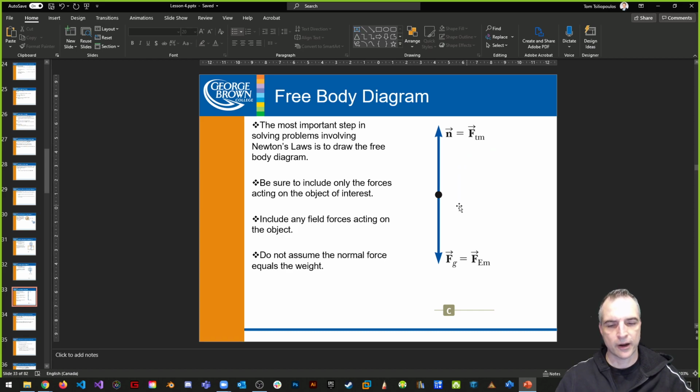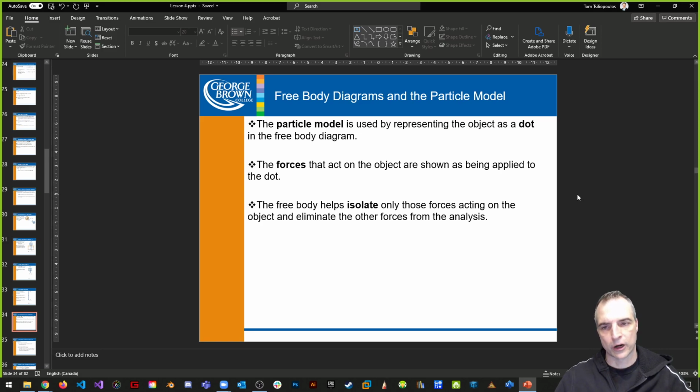When we draw a free body diagram, we draw it just like this. We draw the mass, the center of mass, as a point, and we draw arrows in the directions of the forces. In this case, the normal force and the force of gravity. We're going to use the particle model again as we talk about objects when it comes to the laws of motion.